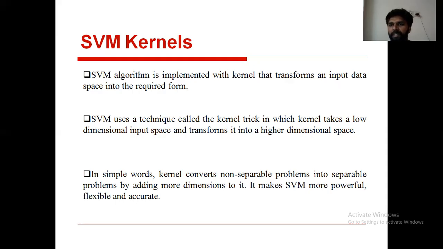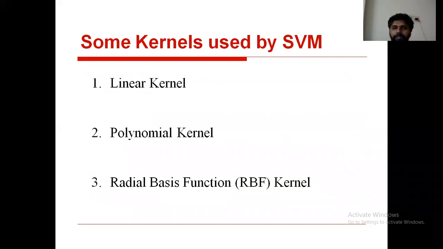In such cases, we're going to use kernels. Kernels make SVMs more powerful, flexible and accurate. With the help of kernels, SVMs are constructed to be more powerful, flexible, and accurate.